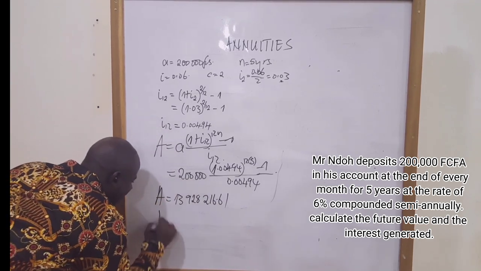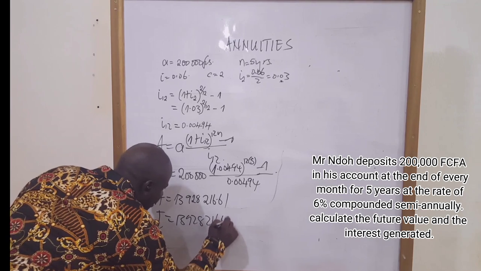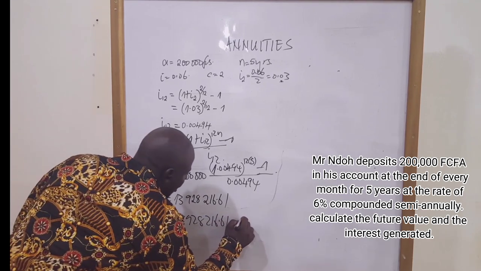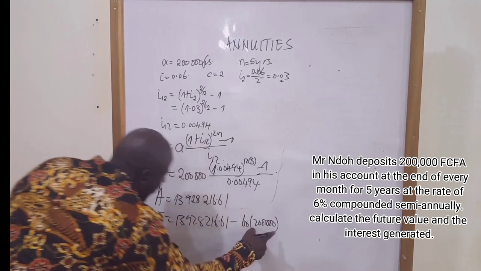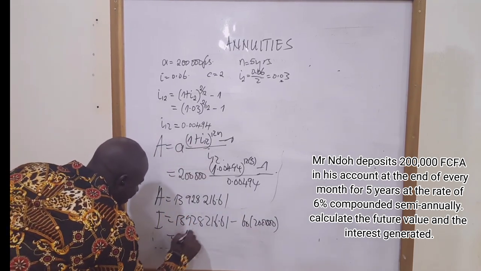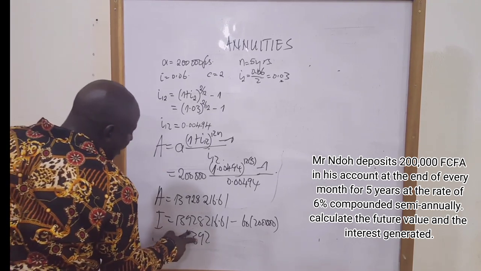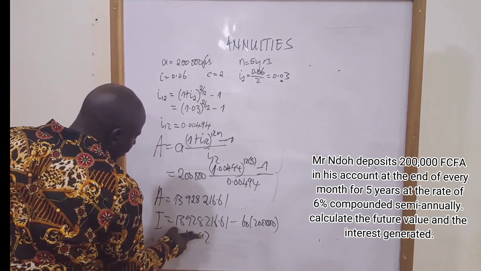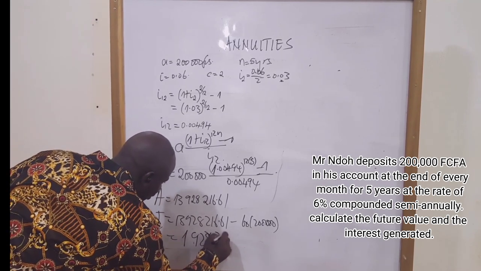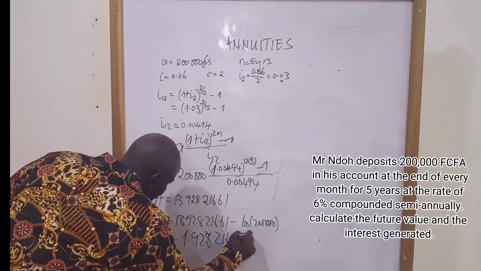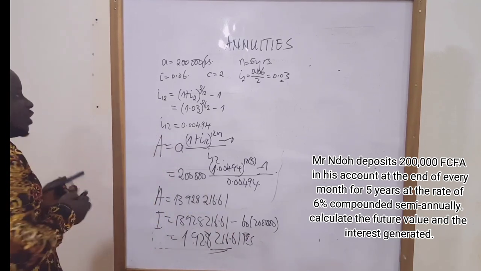So it means that the interest will be 13,928,216.61 minus 60 times 200,000. So minus 12 million. So you have 1,928,216.61. That is going to be the total interest generated.